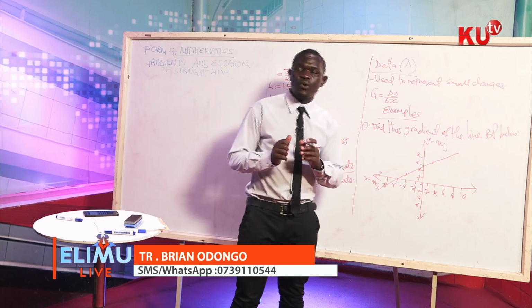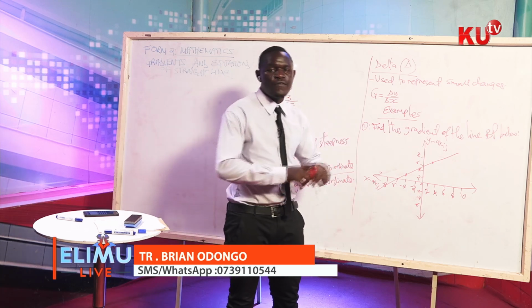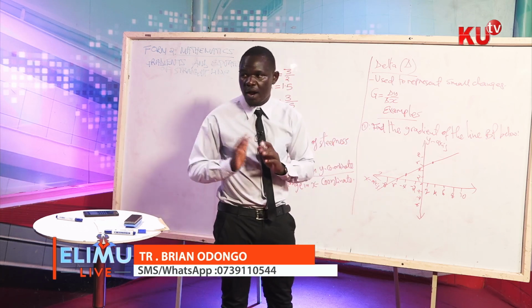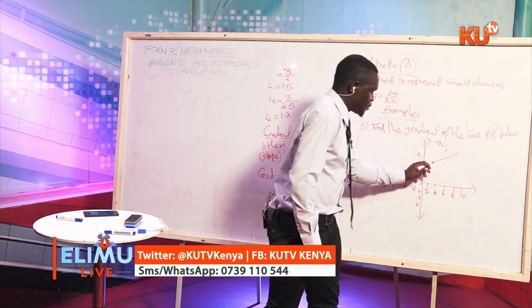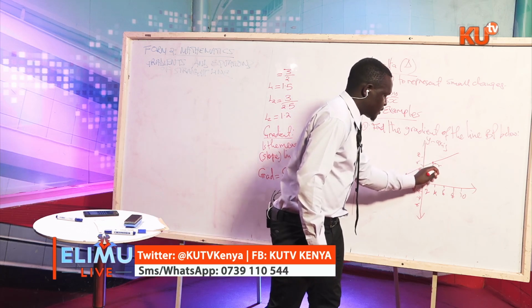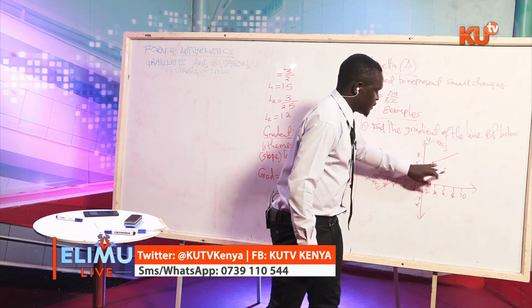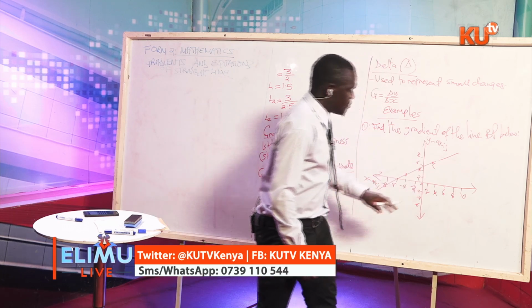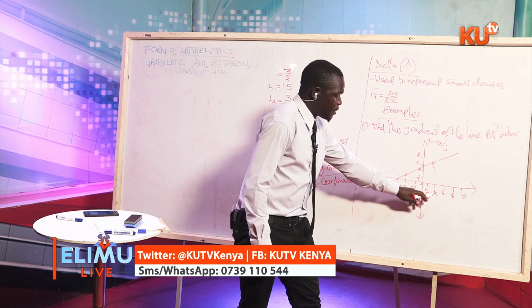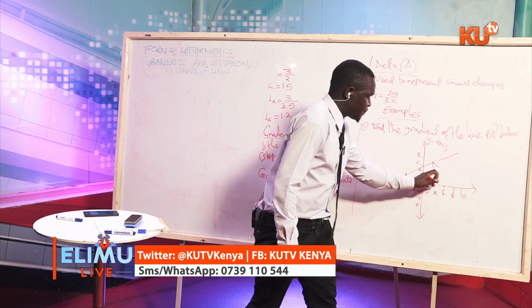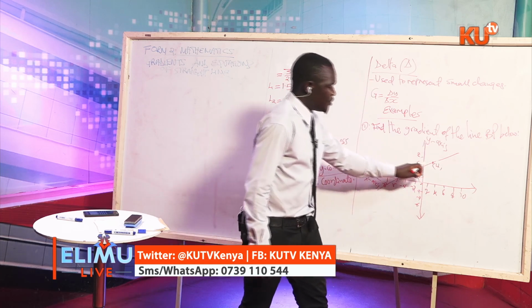Remember that our coordinate is normally written in the form of x followed by y. Are we together, students? So you have x followed by y. When you look at the x, for my case here, my x value is 4. Then my y value is 8.